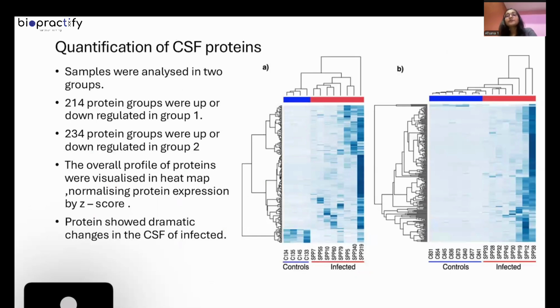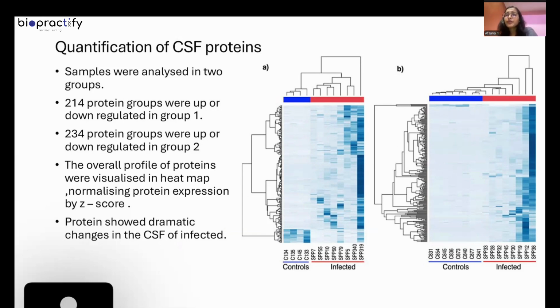After the identification of the proteins, quantification of the proteins of the cerebrospinal fluid was done in 2 groups. In both groups, controls and infected samples were there. Around 214 protein groups were either upregulated or downregulated in sample group 1, and around 234 protein groups were either upregulated or downregulated in group 2.